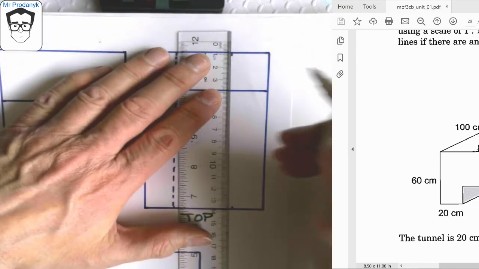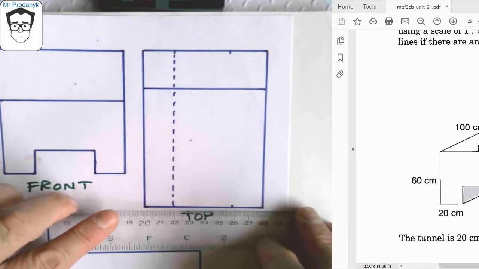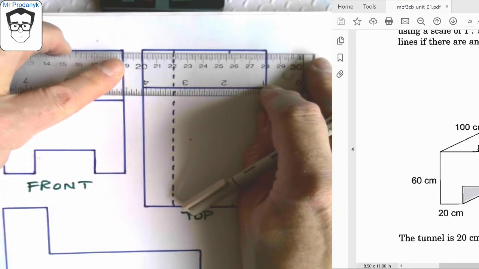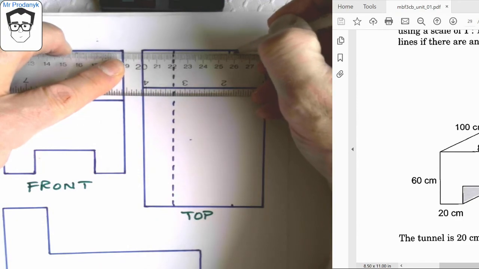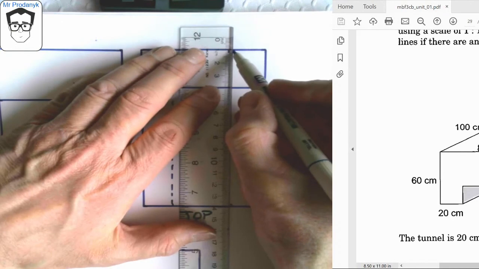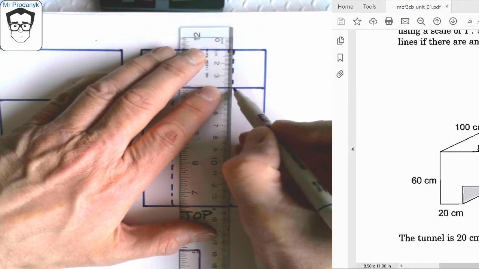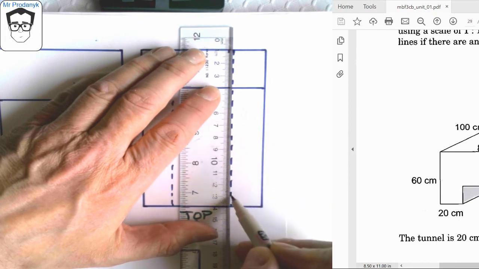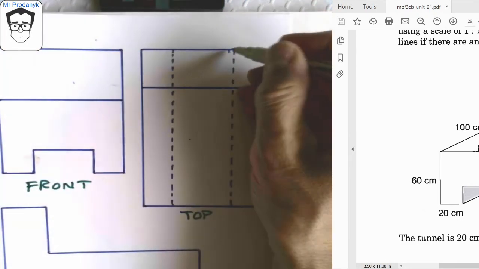the entire shape. I think I made a little goof here. There's 2. Aha, I did, and there's 2. I wasn't very careful there. There, like that. Sorry about that. Little goof right there.